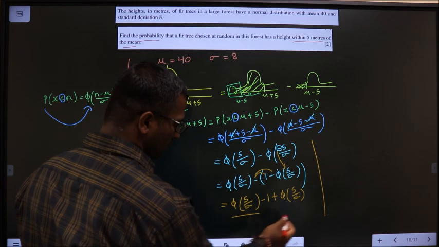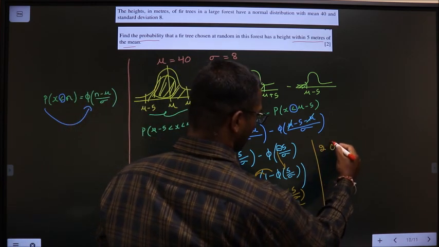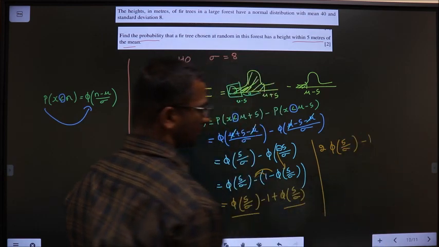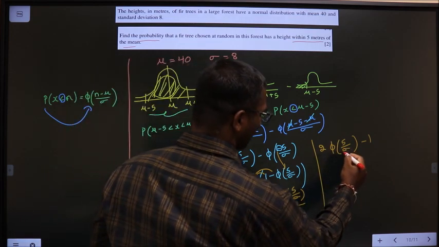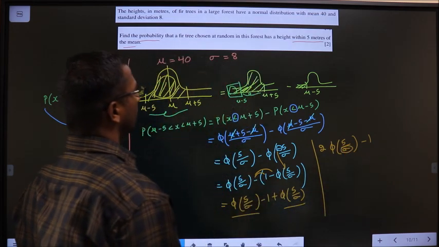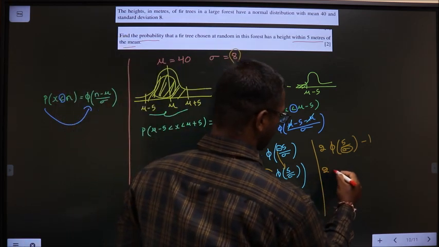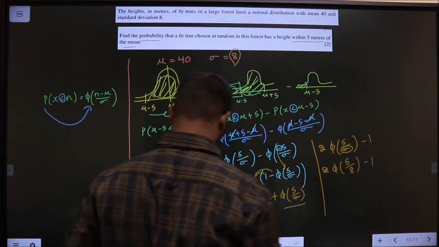Now you see these two are the same. So I get 2 times phi of 5 by standard deviation minus 1. Clear? Now replace standard deviation. How much is it given? 8. So it is 2 times phi of 5 by 8 minus 1.